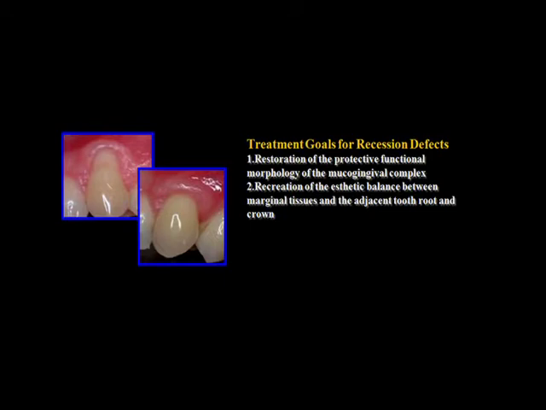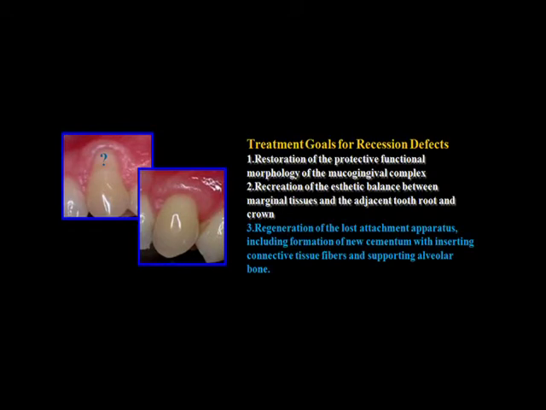And in fact, everything you have seen throughout this entire conference shows that basically whatever you use in there, you're going to be able to achieve these first 2 goals. What we don't know with many of these other materials is the 3rd goal of regeneration over previously denuded root surfaces, and that's true regeneration.